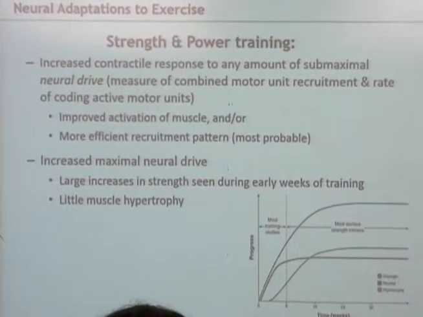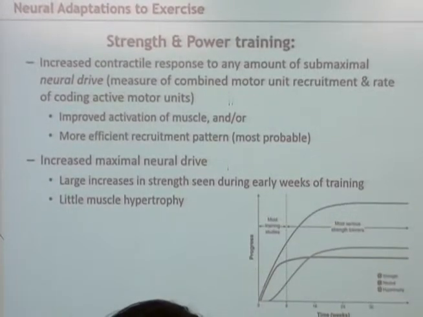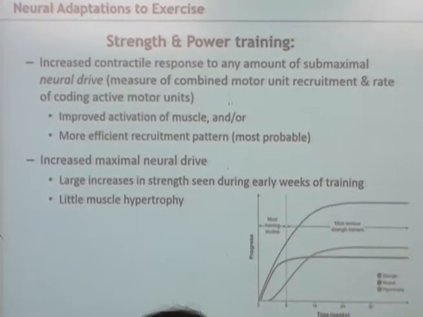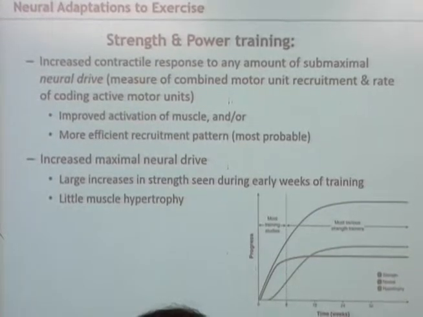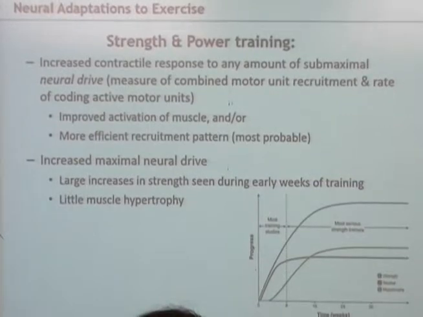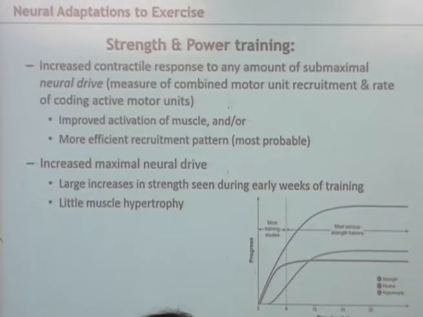So that leads to faster activation of the muscle, more efficient activation, and a more efficient recruitment pattern is the most likely outcome of that happening. So I turn on the right type and the right number of motor units to achieve the best outcome with training.